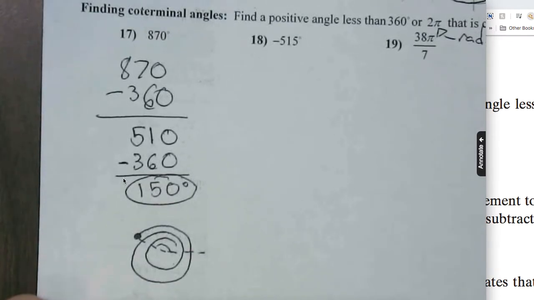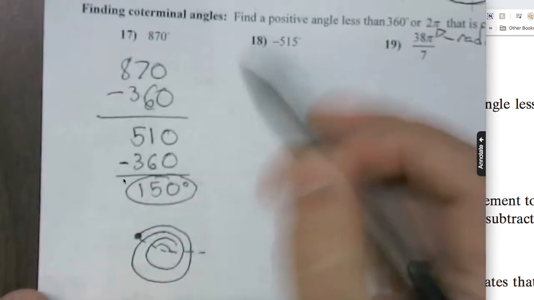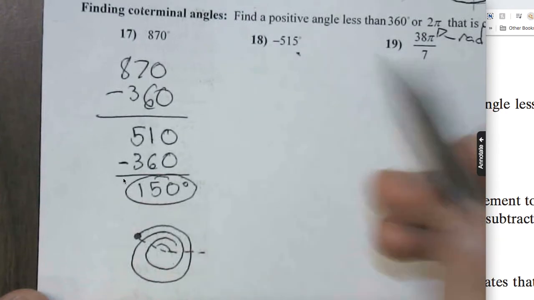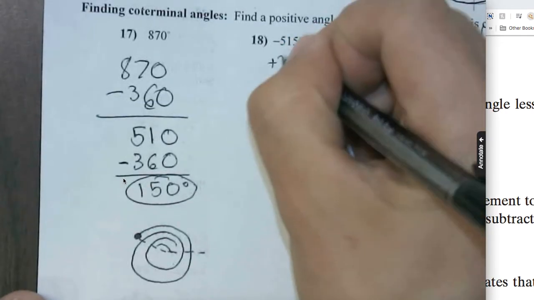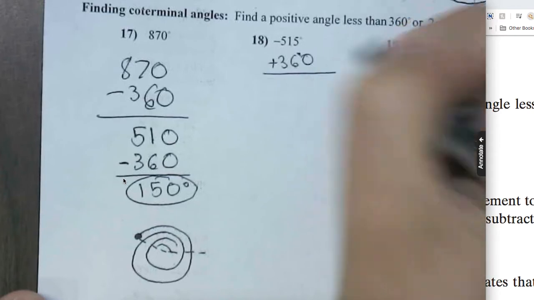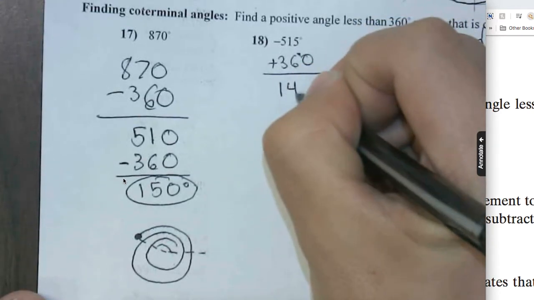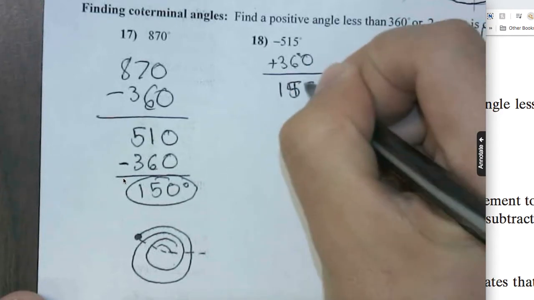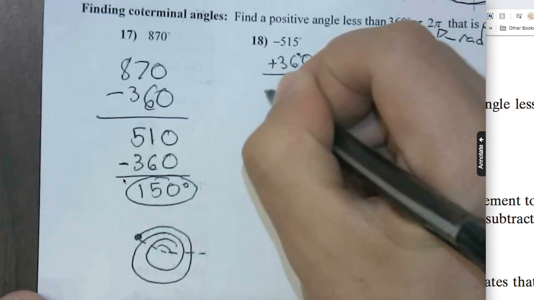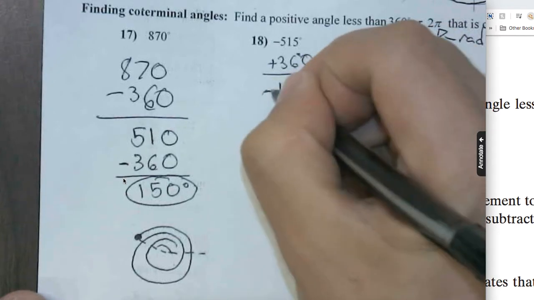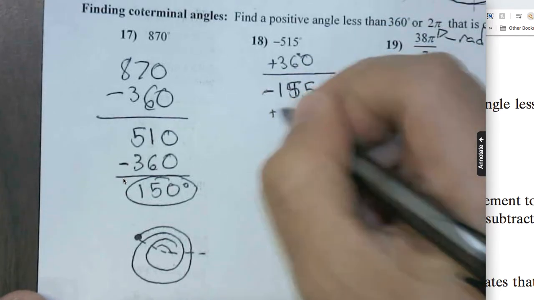Simple enough. We now see a negative number in degrees, so let's just keep on adding 360 and see where that goes. So that should get us to, let's see, 155, and it's negative. So we still got more to do, so let's add on 360 again.